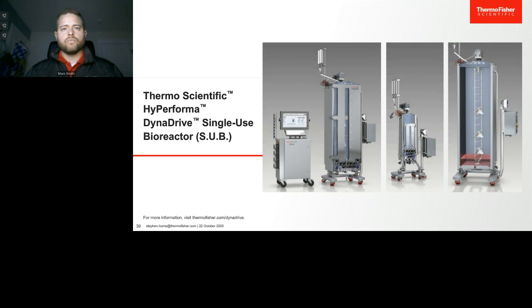And in one case, leveraging low turn down capabilities, we've actually seen seed trains where the 50-liter DynaDrive can be directly inoculated from high density cell banks, effectively completely cutting out the need for any kind of open operations in incubators or small volume rockers or wave reactors.